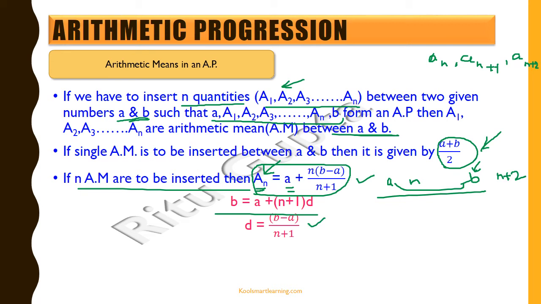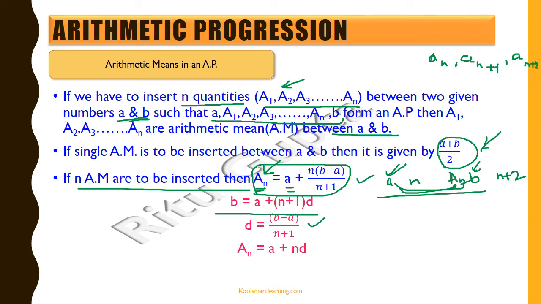Now if we have to find any arithmetic mean, let's say the nth arithmetic mean, we know that the position of this nth arithmetic mean is n plus 1, because A is there, the first thing, and then we have this as the nth term after A. So this becomes the n plus 1th term of the AP.